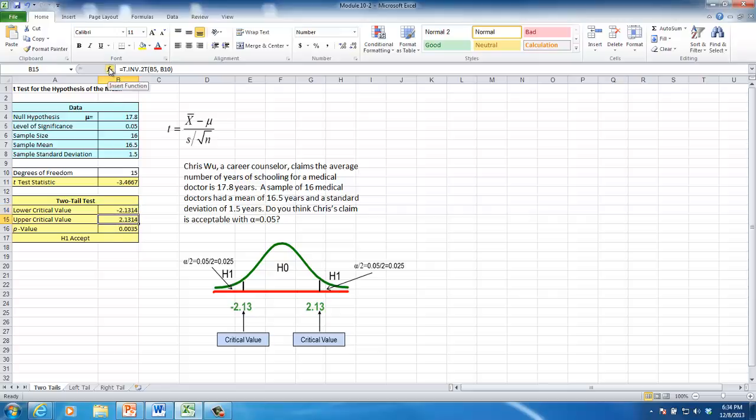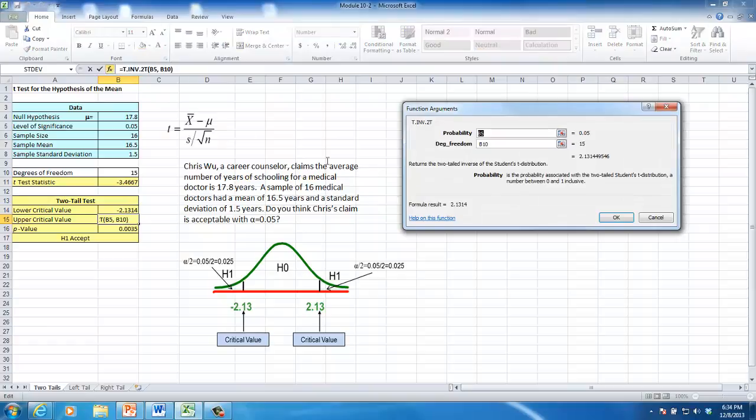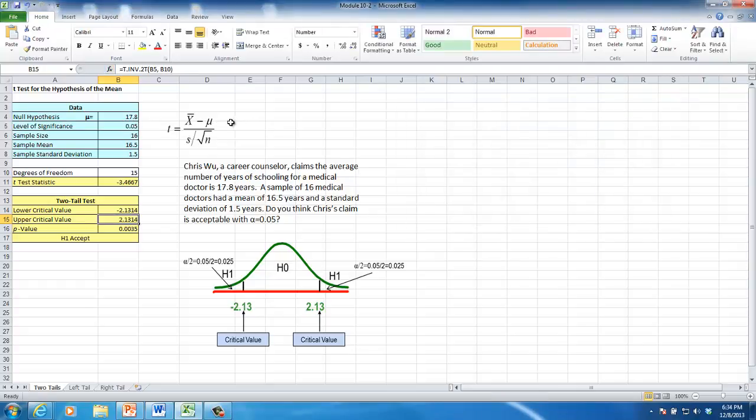Since this is two-tailed, the 2T stands for two-tailed. So the probability, which is the level of significance, 0.05.